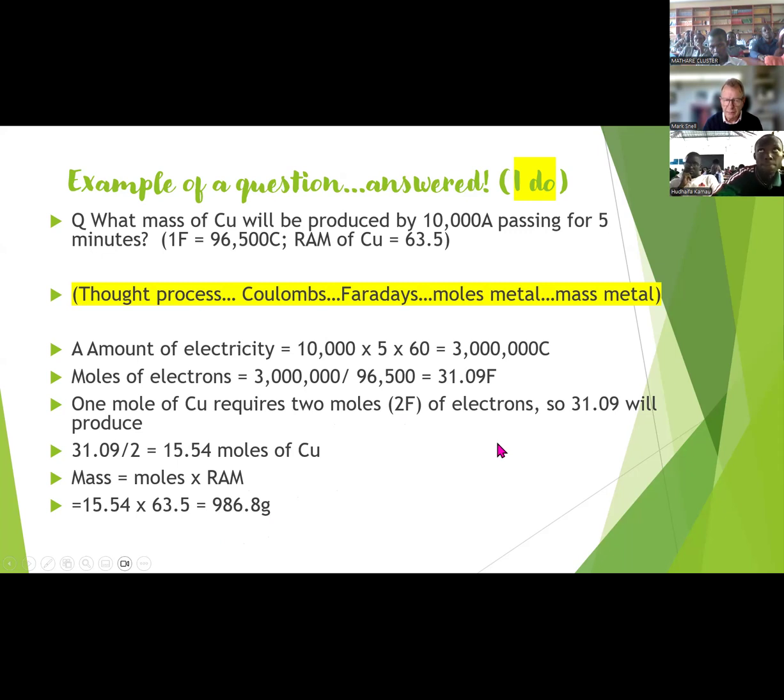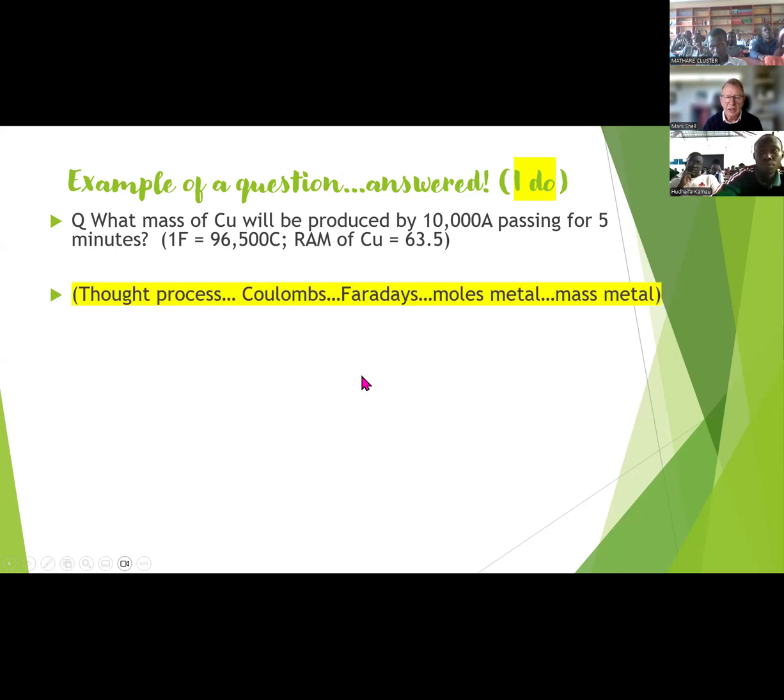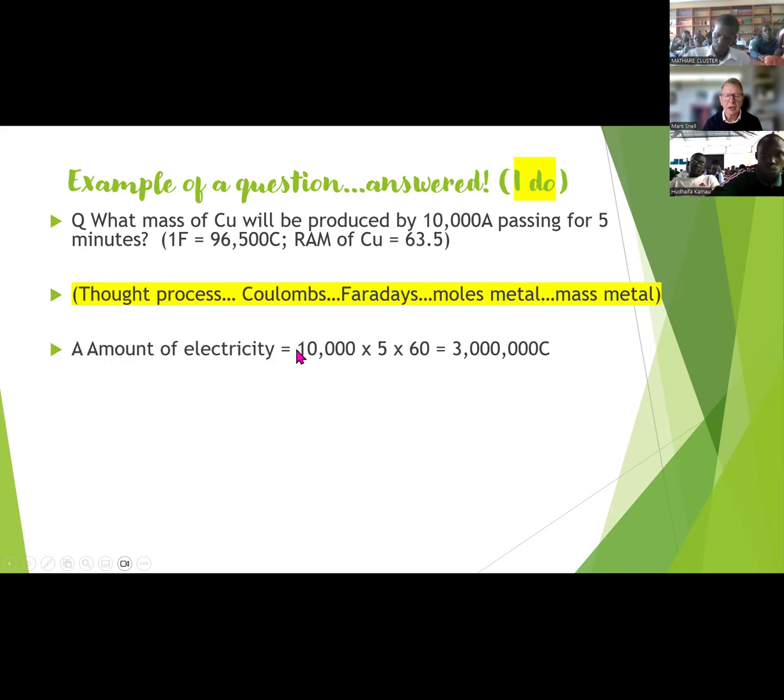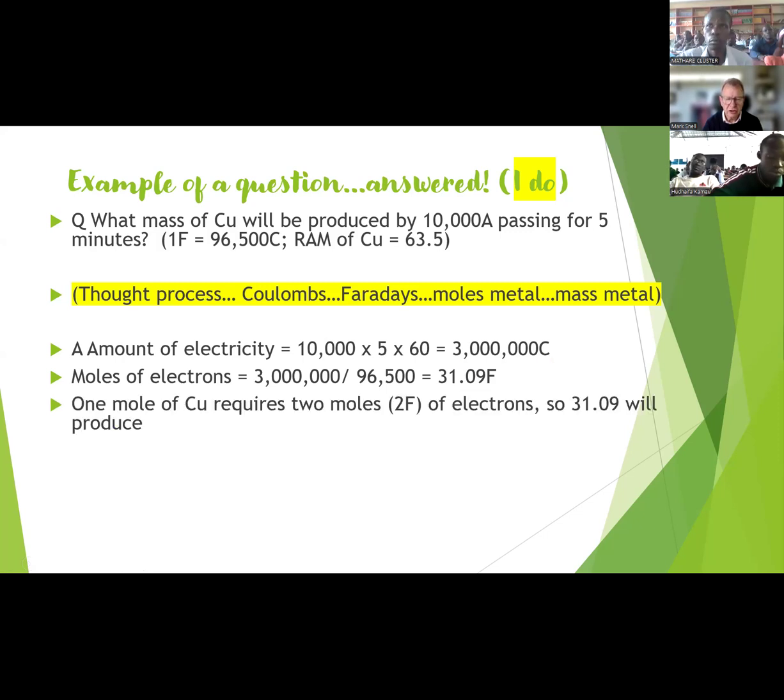Let's go through that again. Give them the thought process. Coulombs, Faradays, moles of metal, mass of metal. Coulombs, amps times seconds, 3 million. Coulombs, how many 96,500s? 31. What happens in this reaction?